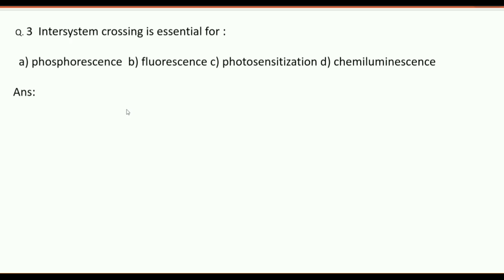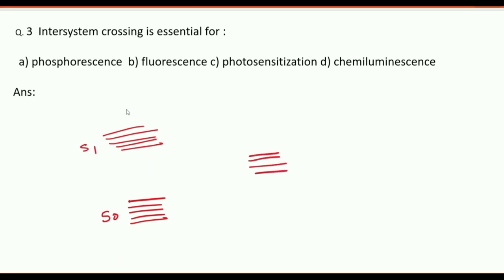Now the third question: inter-system crossing is essential for phosphorescence, fluorescence, photosensitization, or chemiluminescence. For phosphorescence and fluorescence, there is a diagram with the singlet ground state S0, the singlet excited state S1, and a triplet state T1. So these are singlet and triplet states.